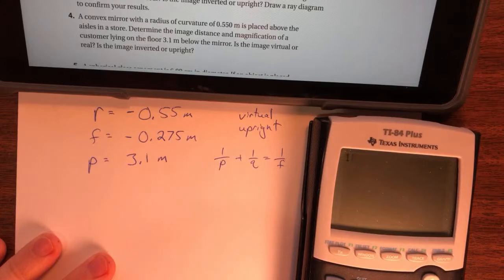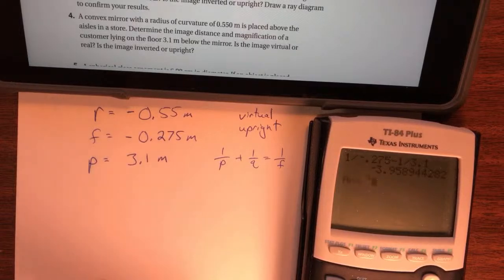So 1 divided by a negative 0.275, right? And then we're going to subtract from that 1 over P. And this time P is positive, so this is going to be minus 1 over 3.1. All right.